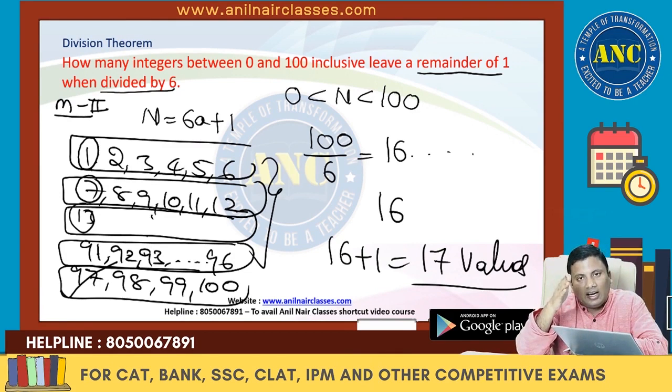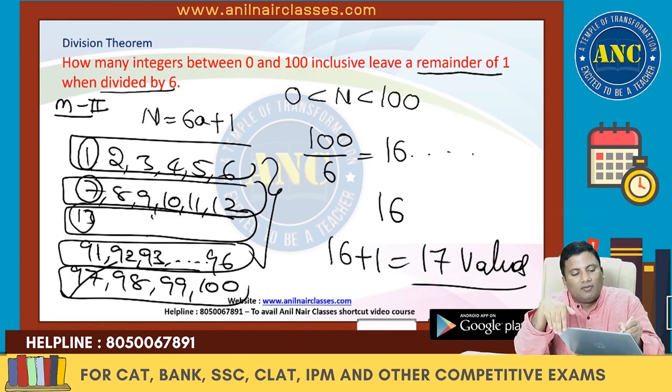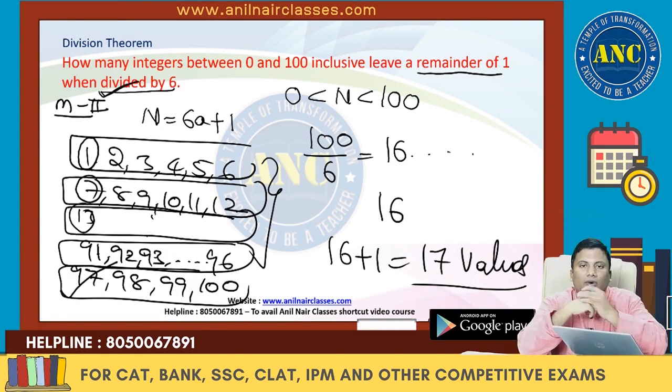Total in 100, 6 goes 16 times, so 16 definite values will be there. In the last set, there is also another value. 16 plus 1 is 17. Total 17 values are there, which will take this form. Are you all with me?